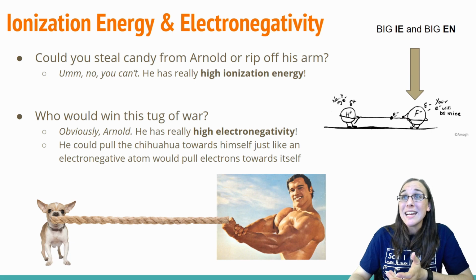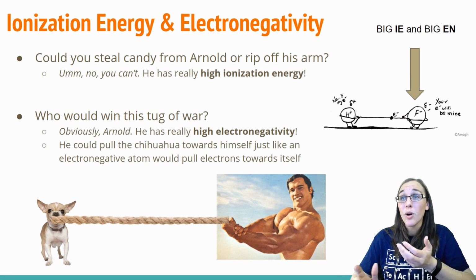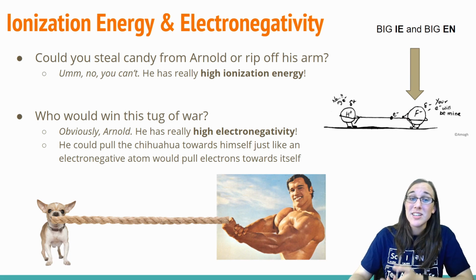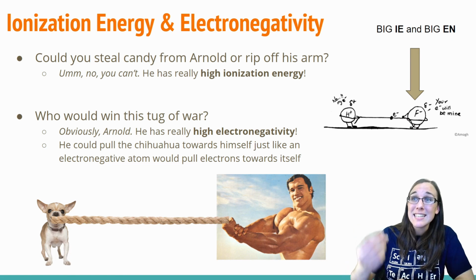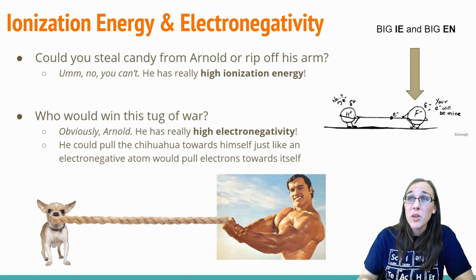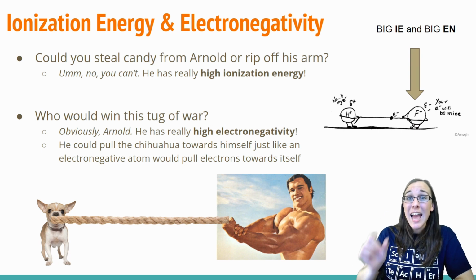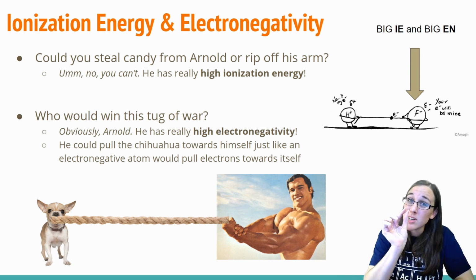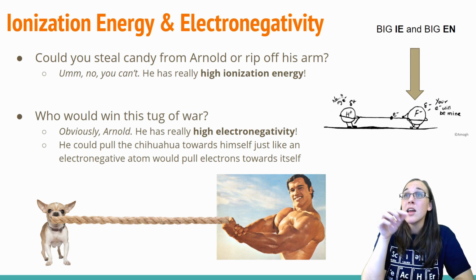You can think of this in terms of a little cartoon here. If fluorine and hydrogen were having a tug of war, fluorine, as we just mentioned, has the highest electronegativity on the periodic table, which means that it also has really high ionization energy, and it's really small. It has a very small atomic radius. Notice that it is fighting with hydrogen.